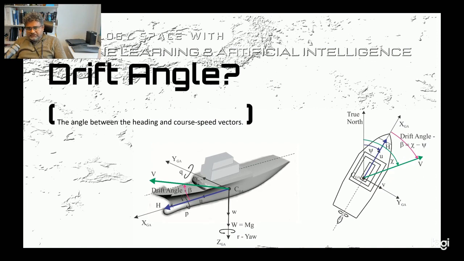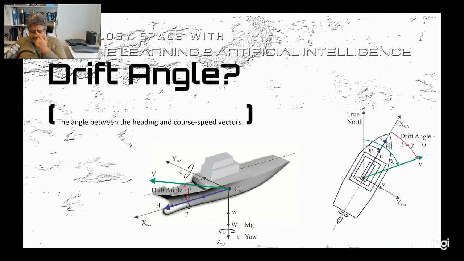The last term I'm going to introduce in this presentation would be the drift angle. We have mentioned that in some situations the heading vector and the course speed vector will have two different directions. Because of that, even though a vessel is pointing towards a specific direction, it might drift towards another direction.